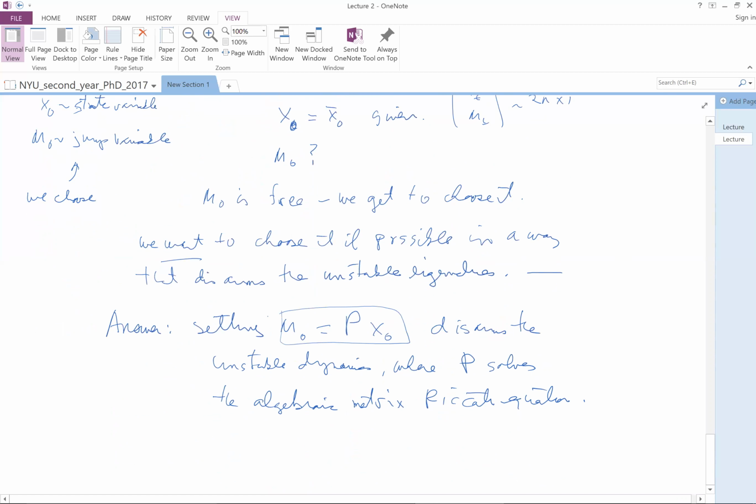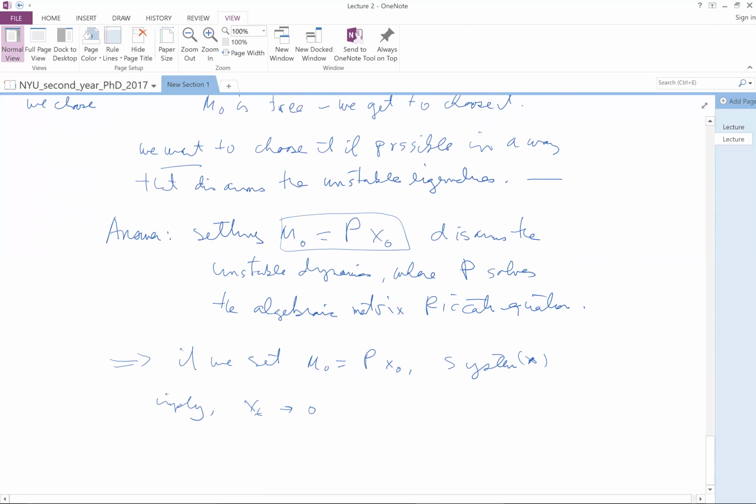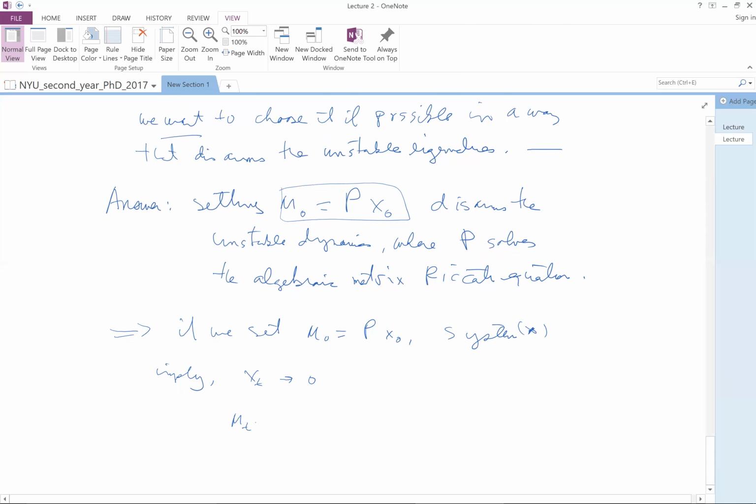And then once we do that, it's going to turn out, if we set mu 0 equal to p x 0, that system star will imply a couple nice things. It'll imply that xt goes to 0 as we want, and it will also imply that mu t is always just p xt. So those are nice properties.